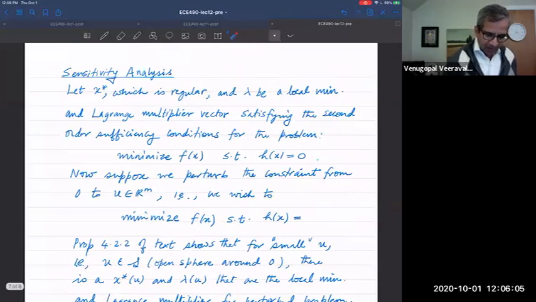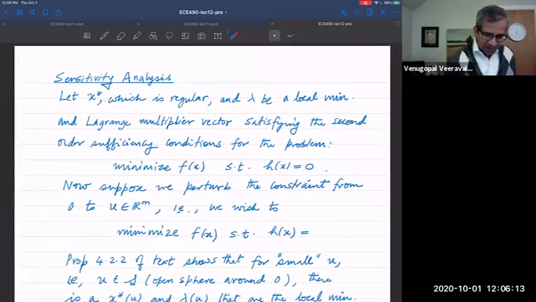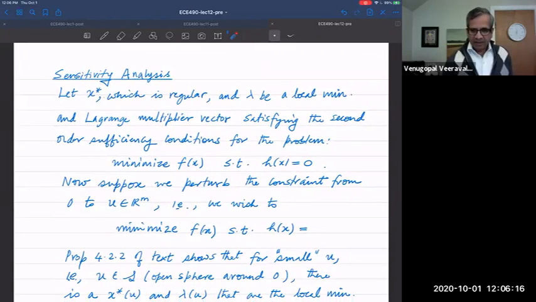All right. One last thing before we stop today. We'll talk about an interpretation of Lagrange multipliers, and this is called sensitivity analysis. Sensitivity analysis turns out to have applications of its own when you're applying constrained optimization in applications, for example in power systems.